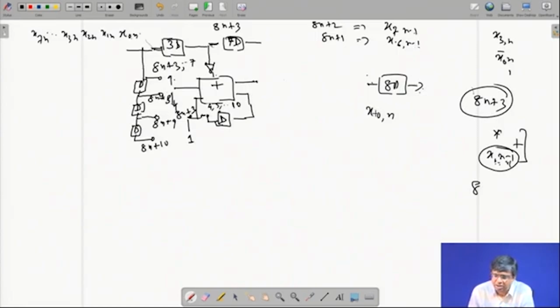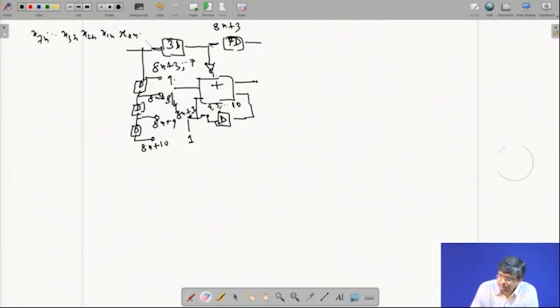It is periodic over period 8, right? x0n, 1 cycle ago, x7n minus 1, because x0n is the starting bit of the nth word. If you go 1 cycle ago, I am in the previous word, the n minus 1th word, and the last bit. If I go 2 cycles ago, I am in the n minus 1th word, 6th bit. That way, if I go 8 cycles ago, I will be in the n minus 1th word, 0th bit. But I don't want the 0th, I want 1. So I don't need 8 delay, 7 is enough for me. That is why it is 7D.